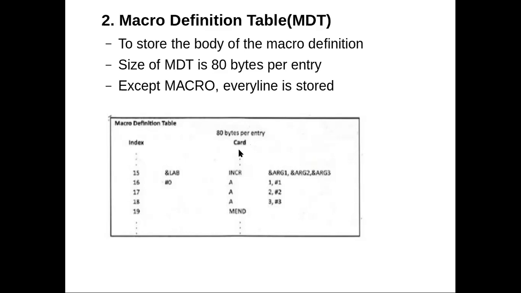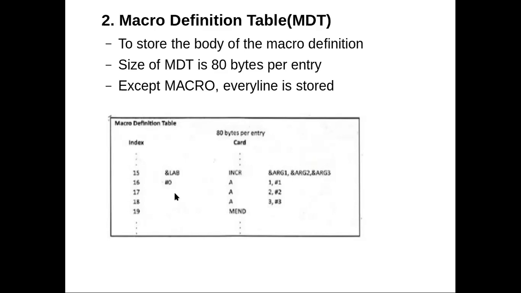We have seen how to recognize the macro definition by using the pseudo opcodes MACRO and MEND. When we are storing a macro definition into the macro definition table, we can skip the pseudo opcode MACRO. Only the remaining lines will be stored in the macro definition table.